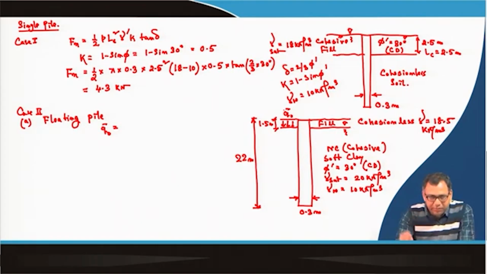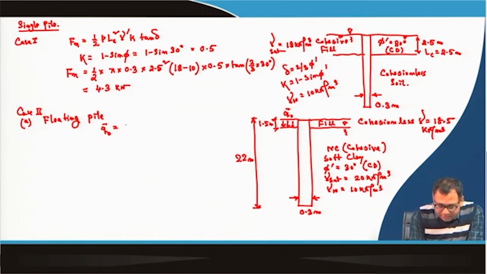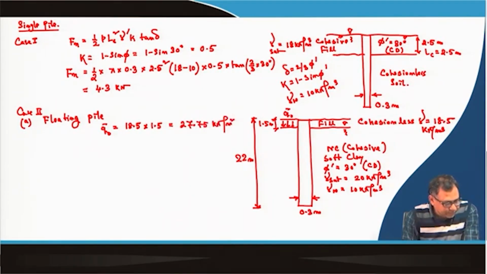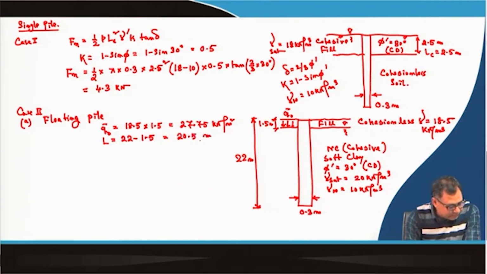So, Q 0 bar will be equal to Q 0, and that value is 18.5 into 1.5. So, that Q 0 is 27.75 kilonewton per meter square. Now, effective length of the pile will be 22 minus 1.5, because 1.5 is the fill. So, this is 20.5 meter.